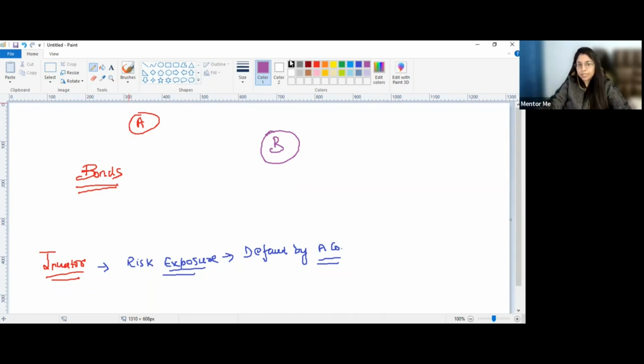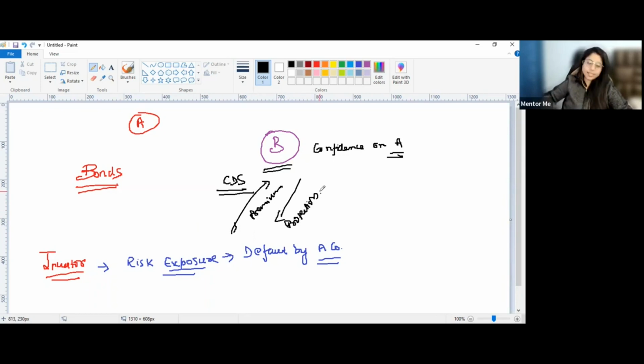So if B company has some confidence in A company, then B company can say, okay, you buy my credit default swap, CDS. The investor says, okay, what is the benefit that I will get by purchasing your CDS? B company would be like, you purchase my CDS, against which you pay me premium, against which I will give you protection.